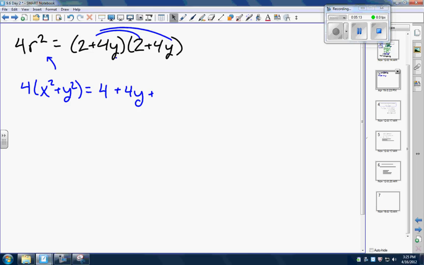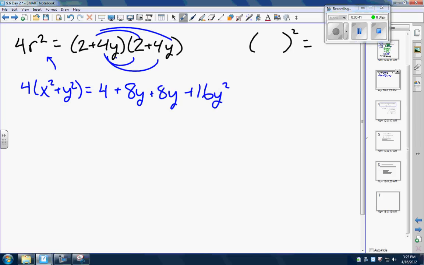Again, when you're trying to do quantities squared, please write them out as two things, a product of two different parentheses, so you don't miss your middle terms. That's something we should definitely know what to do. So when we double distribute this, we get 4 plus 8y, we come in here, add another 8y, and then we come out here for 16y squared.